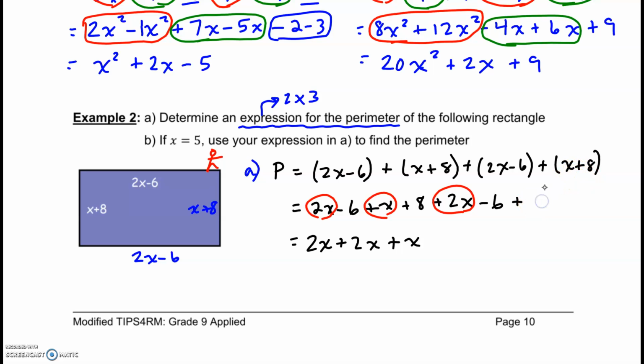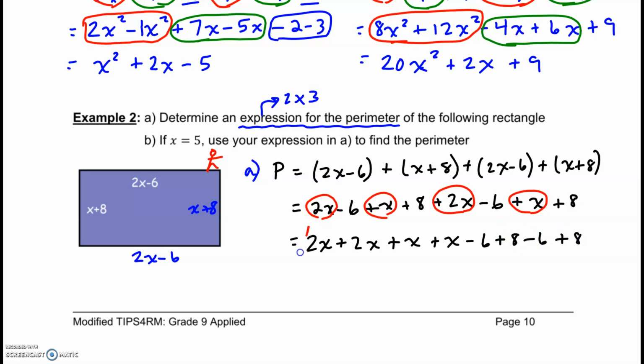My x disappeared. I forgot to write it down. Hopefully you guys caught that. A positive and a positive is a positive x, same sign, and then positive 8. All right, let's get that other x in there. So I have 2x plus 2x plus x plus x. That looks better. Minus 6 plus 8 minus 6 plus 8.